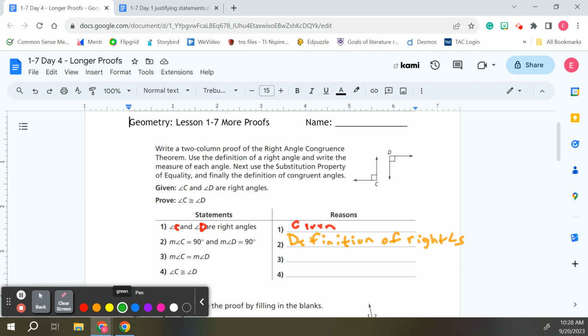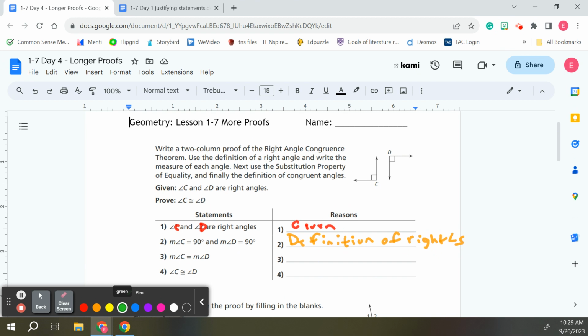And now because they're each equal to 90 degrees, that means that the measure of angle C is equal to the measure of angle D. How do we know that? Give it to me in your own words even. I'm fine with that.